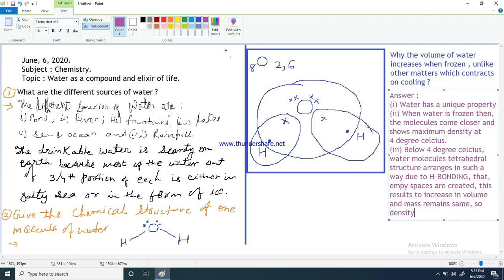So the density of ice is lesser than water and the volume of water increases on freezing. Of course, below 4 degrees C.